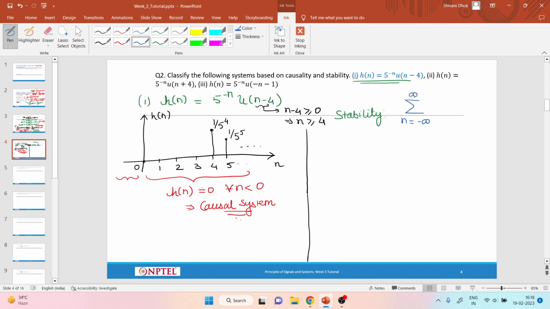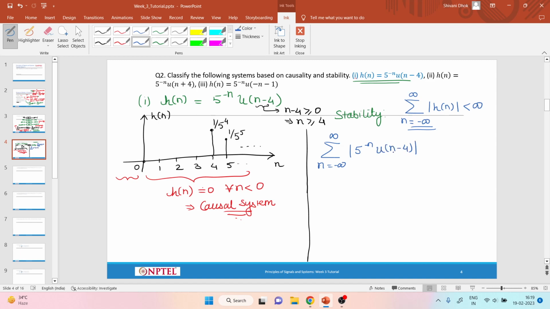That is, if the summation of n running from minus infinity to infinity of mod of h of n is less than infinity, then my system is stable. So let us try to find this summation for our given impulse response. So this will be summation n running from minus infinity to infinity mod of 5 power minus n u of n minus 4.